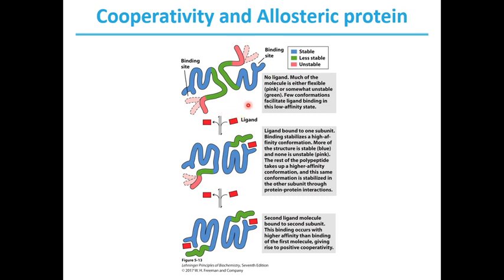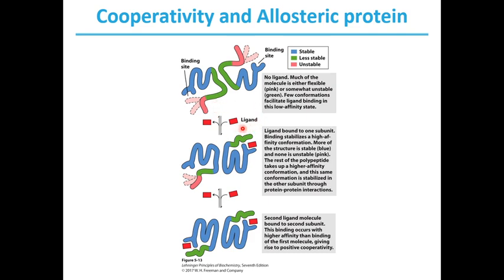Now, in this protein, there are two subunits that are interacting with each other. This could be alpha, beta. In this case, no ligand is attached to this protein. There are three different regions: a stable region in blue, a less stable region in green, and an unstable region in pink.